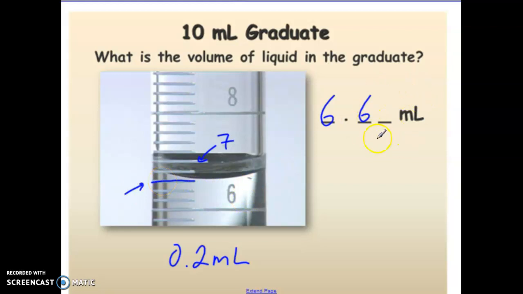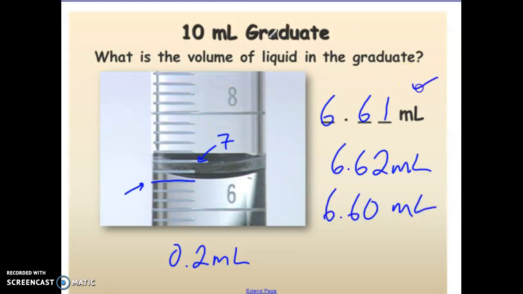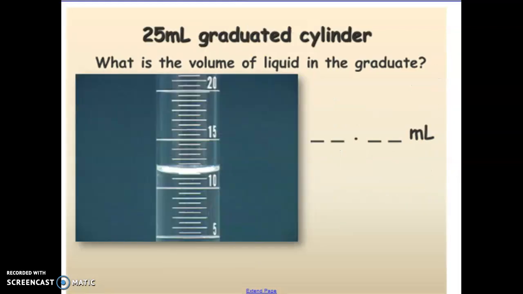Now your uncertain digit that you are reporting, so I would say this is slightly above. So I put this as being a 1, 6.61 milliliters. If you said 6.62 milliliters or 6.60 milliliters, those are also accepted. Very nice. Now give this next one a try.